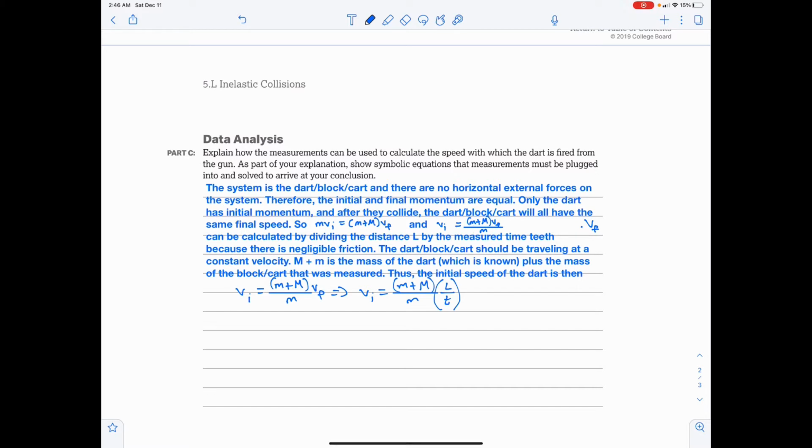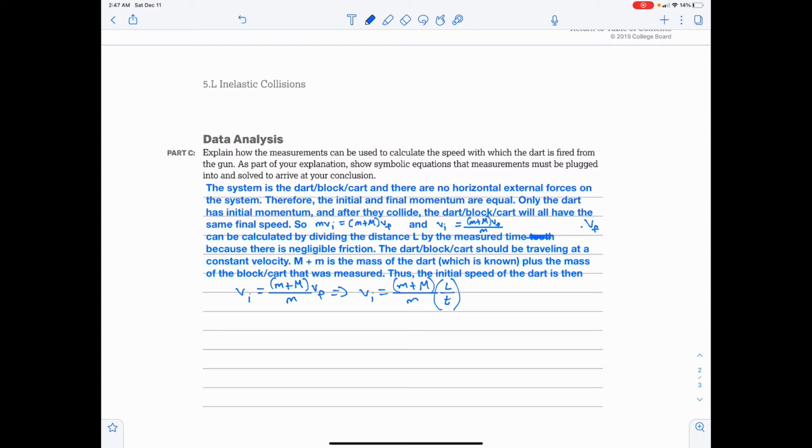Now v final can be calculated by dividing the distance by the time. So you can measure L from the video, and you can measure time from the video. Because again, there's negligible friction acting on this, the dart-block-cart should be traveling at a constant velocity after it is hit.